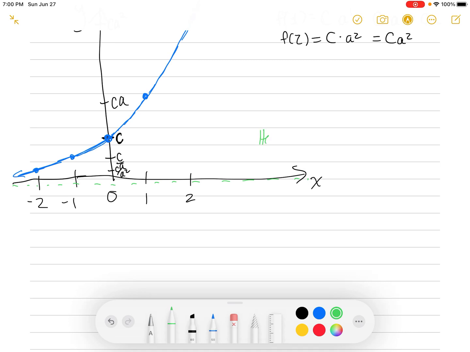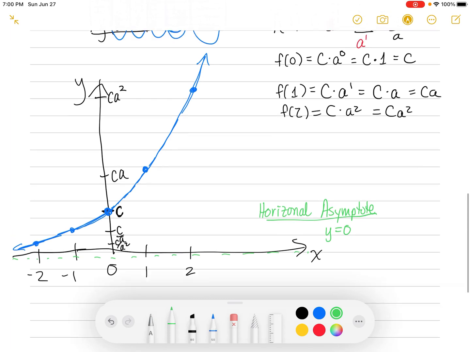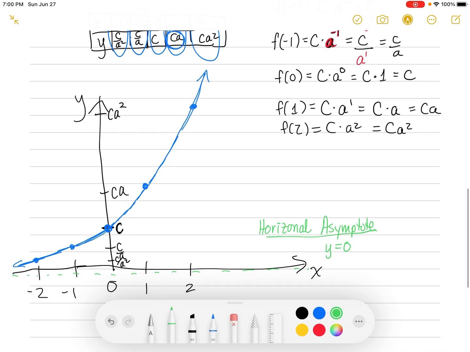If you keep going, things get closer and closer and closer to this horizontal asymptote right here. So actually we have a horizontal asymptote. I'm going to make this in green. There's a horizontal asymptote anytime you have an exponential function, at y equals 0. So the x-axis is the line y equals 0.